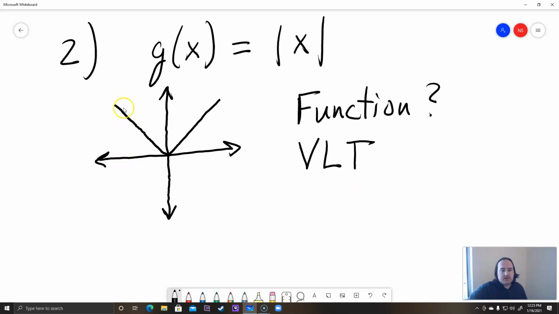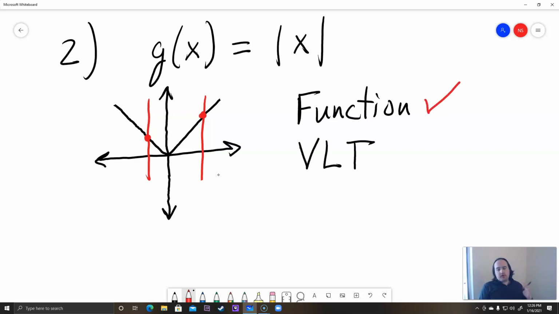But here we can see on the left side, on the middle, and on the right side, my pencil never intersects the graph at more than one point. So for example, right here, this vertical line only intersects the graph at one point, and same thing over on the right side. This only intersects the graph at one point. So this does pass the vertical line test. Okay, so it is a function.